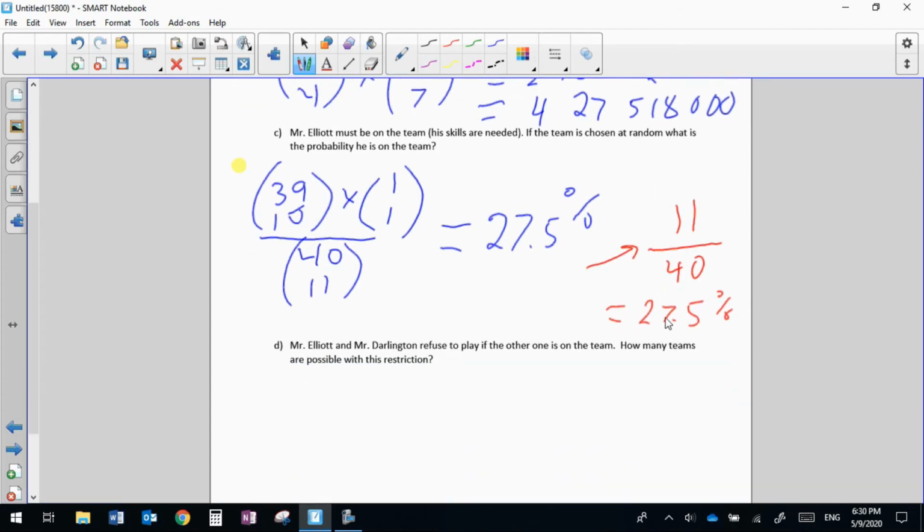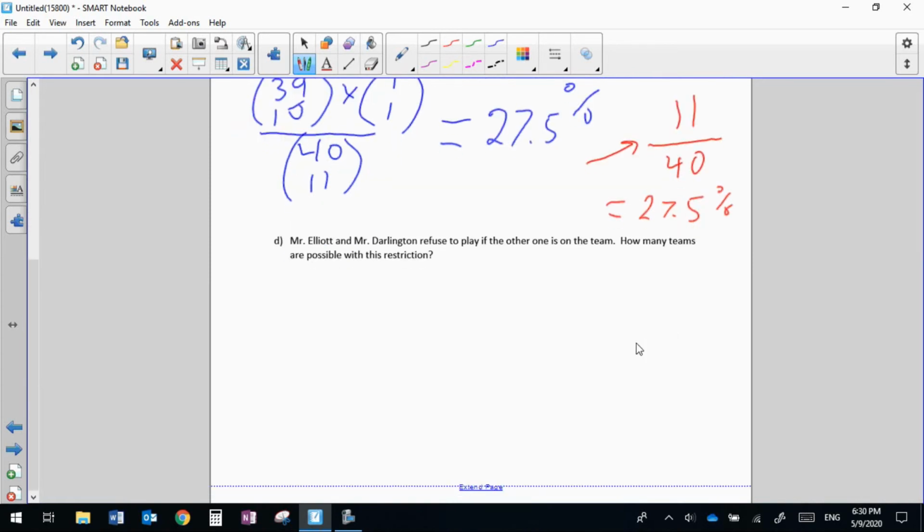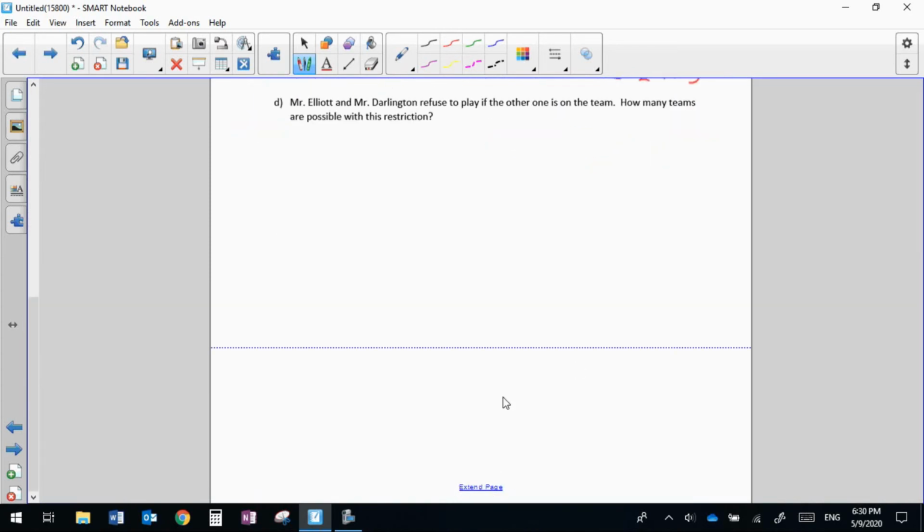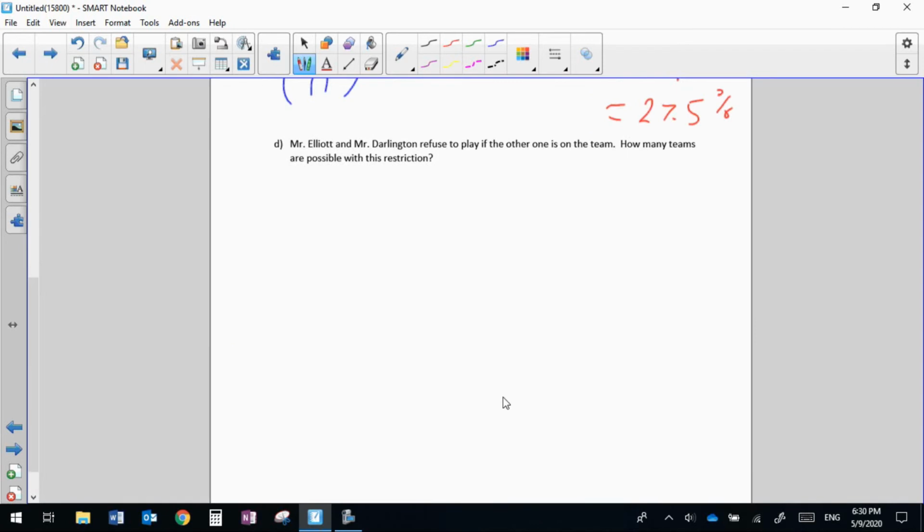Elliott and Mr. Darlington refuse to play if the other one is on the team? How many teams are possible with this restriction? So the first thing we might be tempted to do is say, well, let's assume that Mr. Elliott is on the team. And how does that happen?